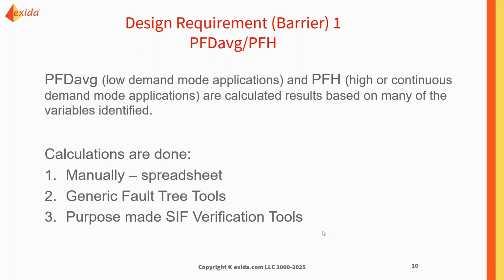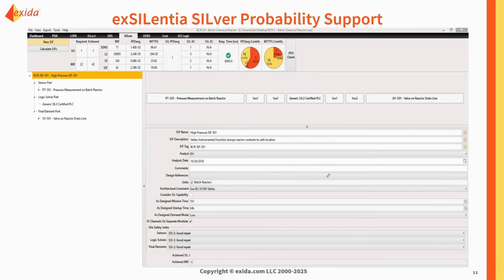And we know, as I said, that the Excellencia tool, we've had that evaluated independently up to SIL 3. So we know we're good for SIL 3. We're probably good for SIL 4, but we haven't had it evaluated to that. And if any of you have used Excellencia, then you're probably familiar with the silver tool, as we call it, the SIL verification tool.